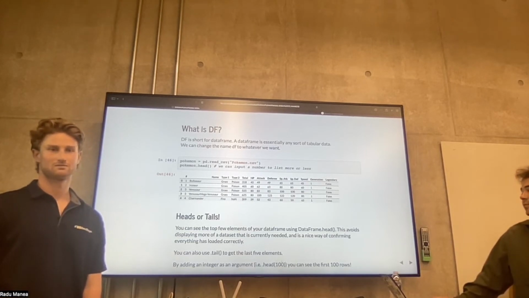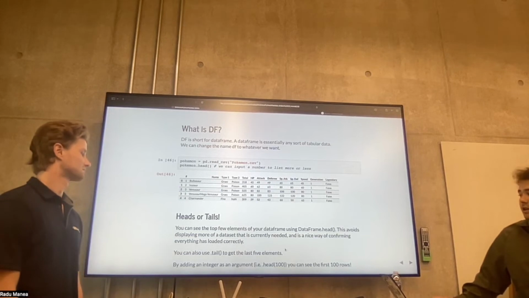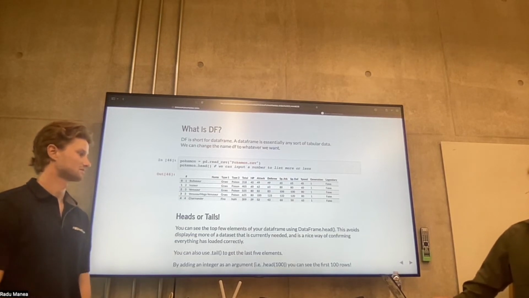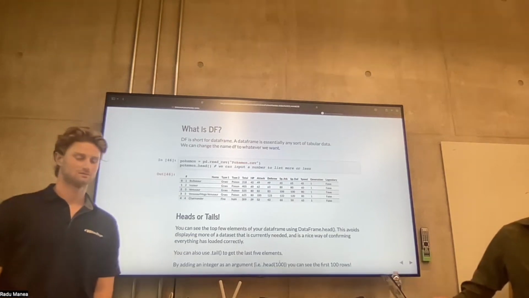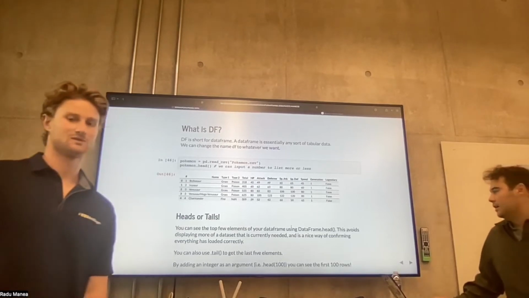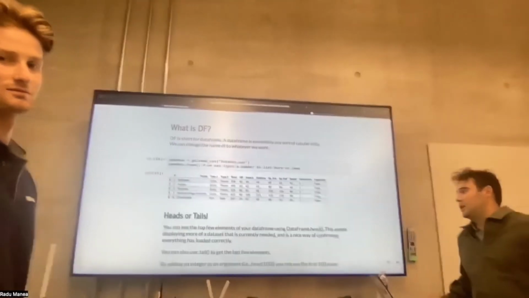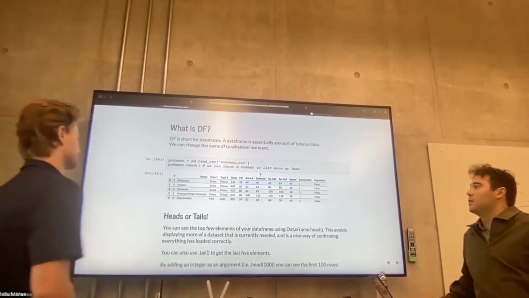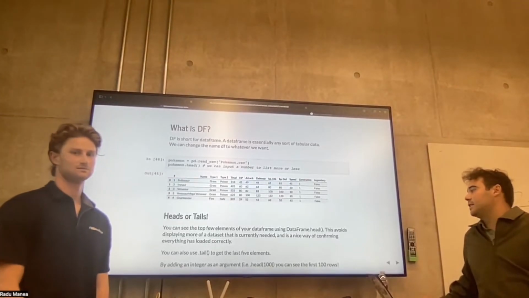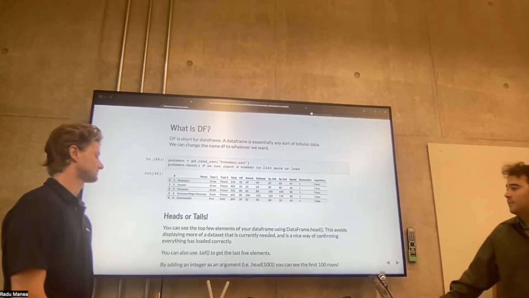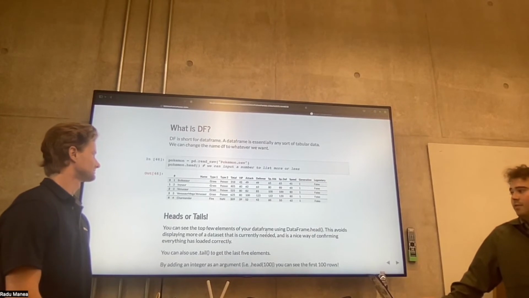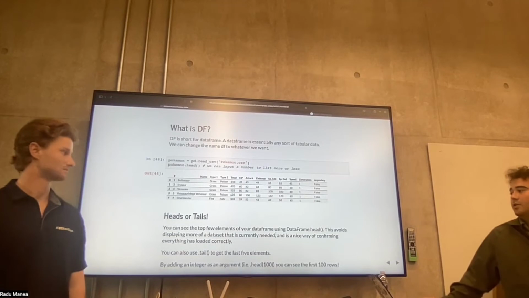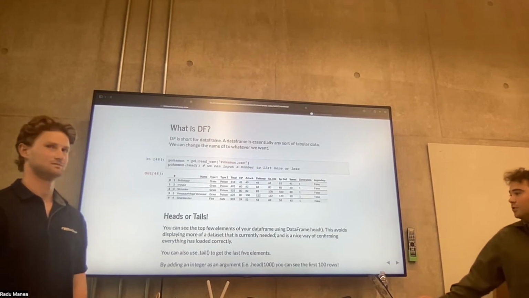For example, if you wanted to see the first 100 rows, you could use dot head and then throw in 100 in the arguments. That's kind of the first thing you do when you upload a CSV like this, because you want to see if you got everything loaded in correctly, and you don't want to display too much information. You don't want to be slowing down your computer.